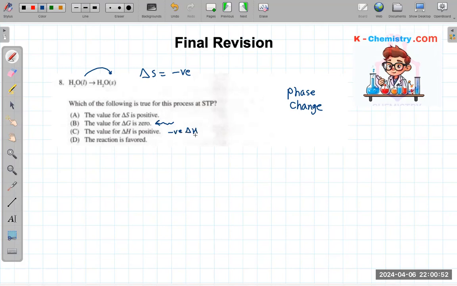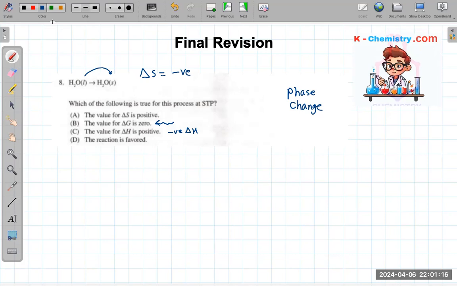And the reaction is favored. Is this reaction favored? No. Why is it not favored? Because you're going from liquid to solid.